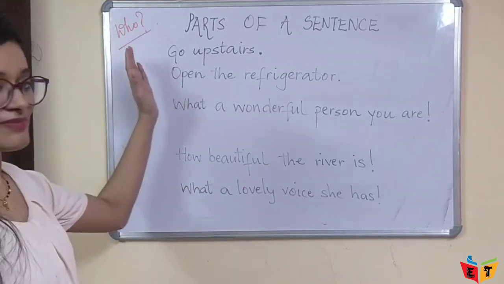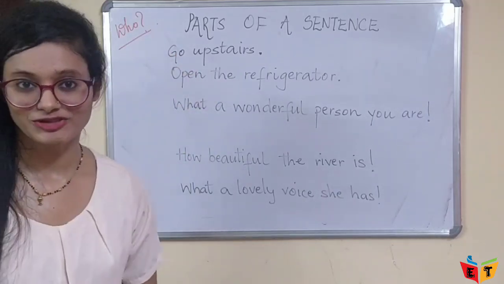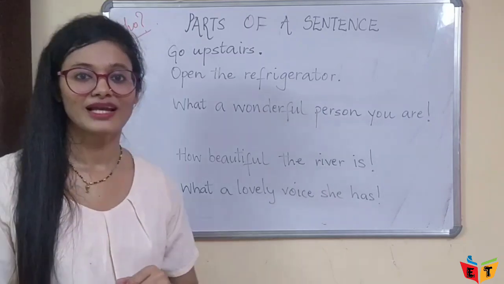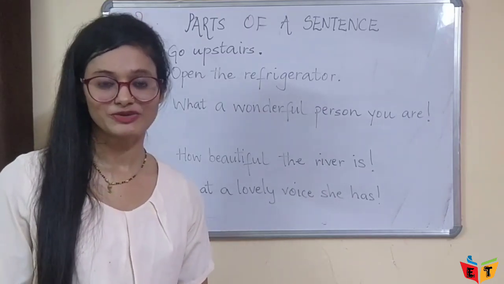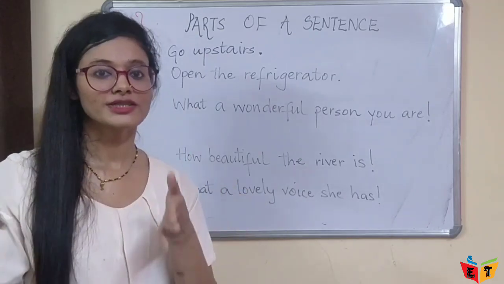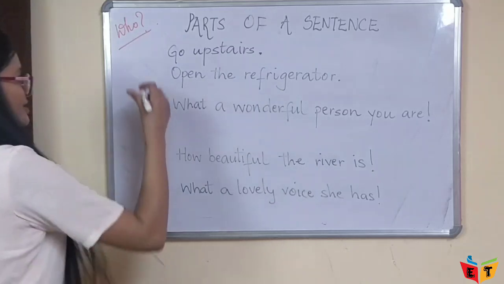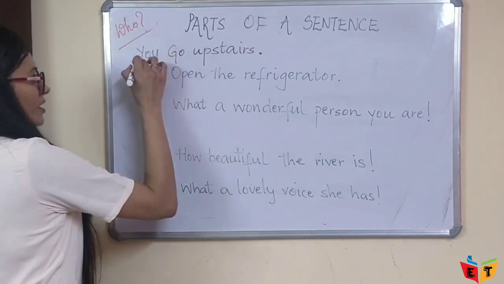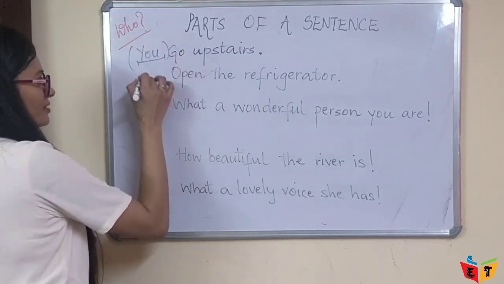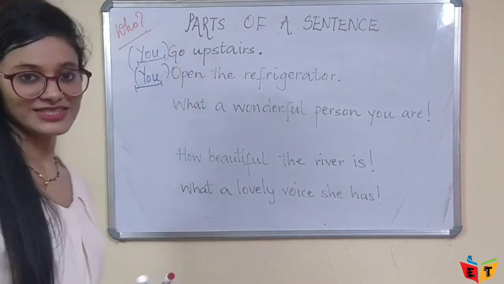It is not mentioned here, but it is understood. If you remember, in my last video, I explained to you that in imperative sentences, if the subject is not mentioned, then it is understood that the subject will be you. So these two are your imperative sentences.